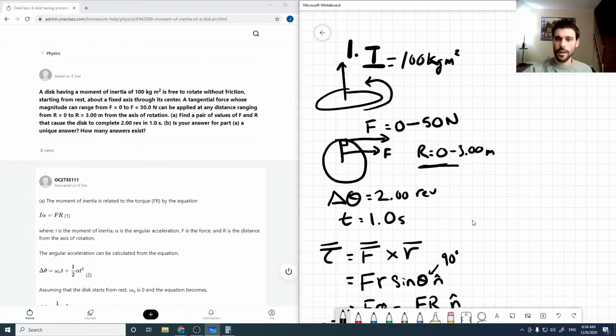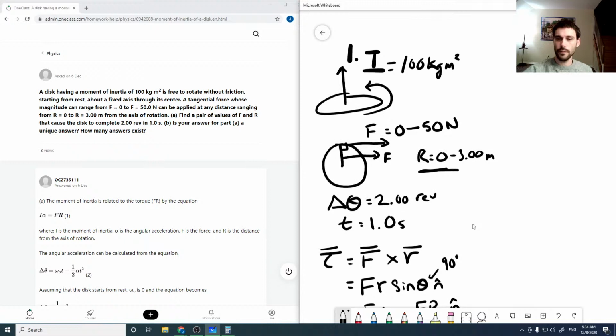In this case, the way I've drawn it, we would use the right-hand rule. If we draw our force and our radius, then our fingers go towards the direction of the force, and we point our palm towards the direction of R, and this hand is disfigured, but it's okay.